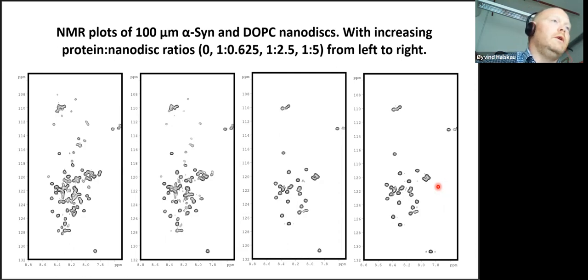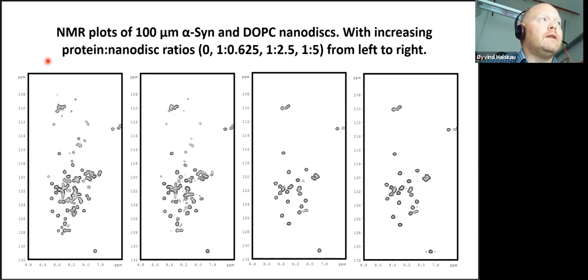So if you run an NMR on it, you will not see a native fold. You'll see a pretty collapsed fingerprint. For those of you who do NMR, you will see this immediately. And then we took these fingerprints, where each cross peak is essentially one correlation between a backbone proton and a backbone amide.